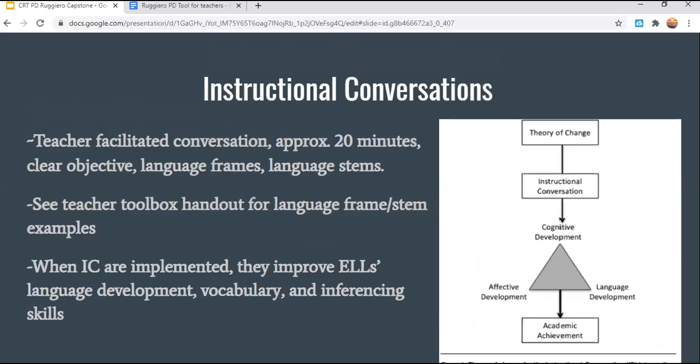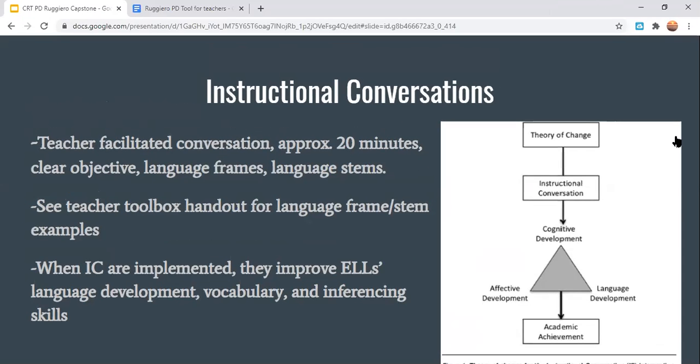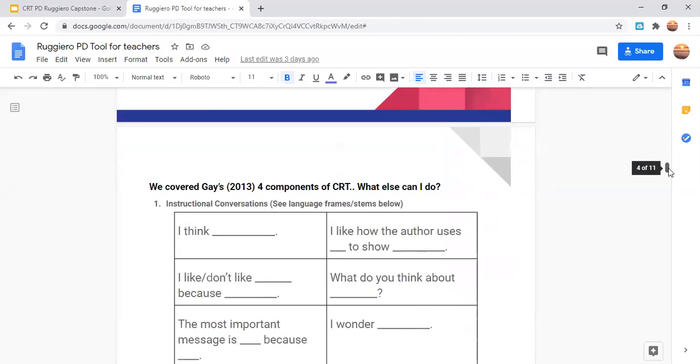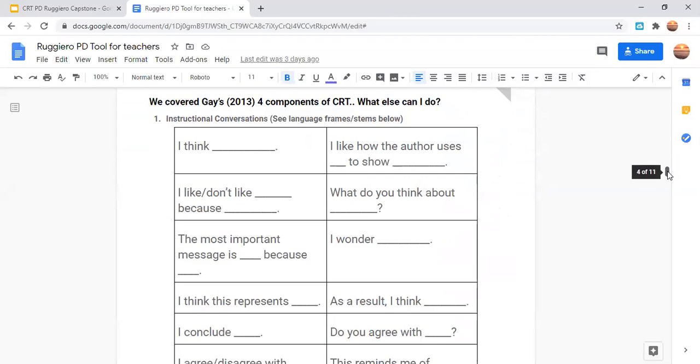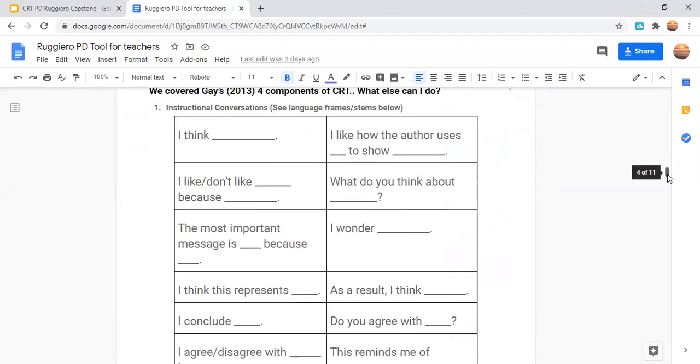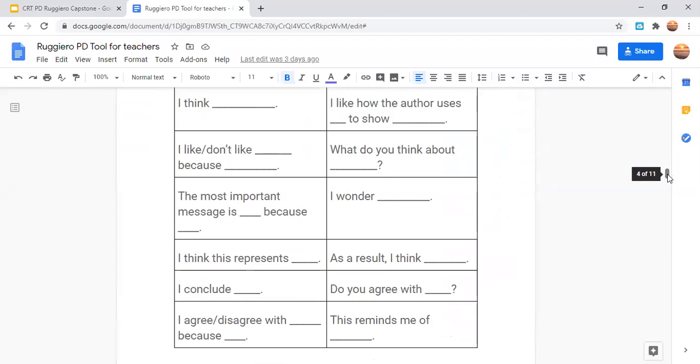So I'm going to shift over to the toolbox. I attached some language frames for you to utilize with your students. Some of them are just the starters. Some of them are actual frames, and then some of them are the beginning of a question. So do you agree with blank? I think this represents blank.